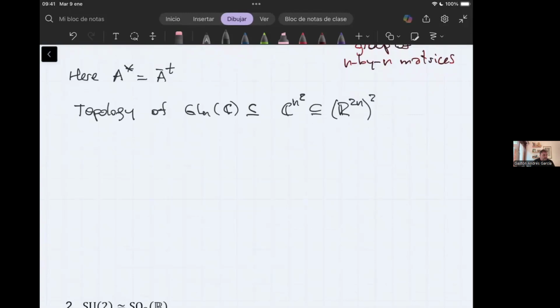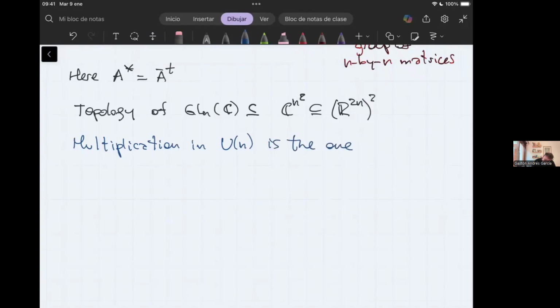I'm going to write this down, what I said. So the multiplication in UN is the one induced from a set of matrices.